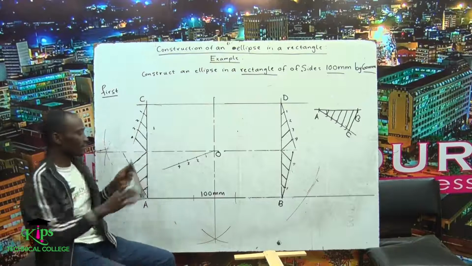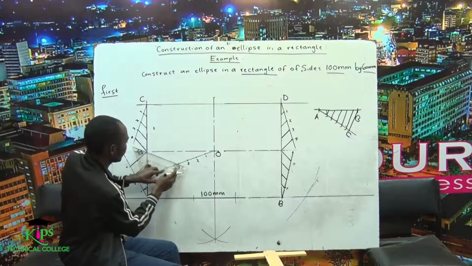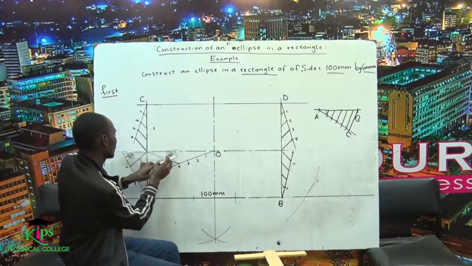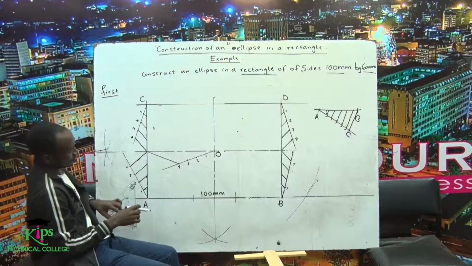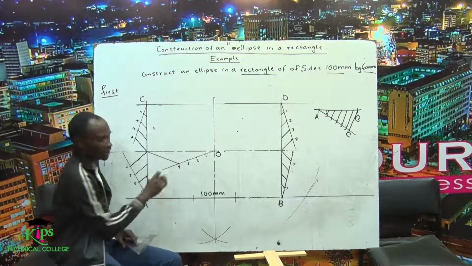Then join these four parts, this one up to here. Then draw lines parallel to this line.